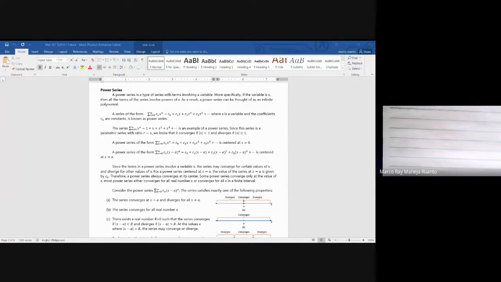Actually, a direct application of power series is the laser, so you can Google that. The common application of power series is in the formation of lasers.